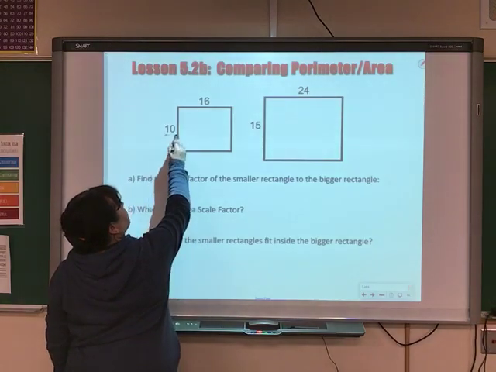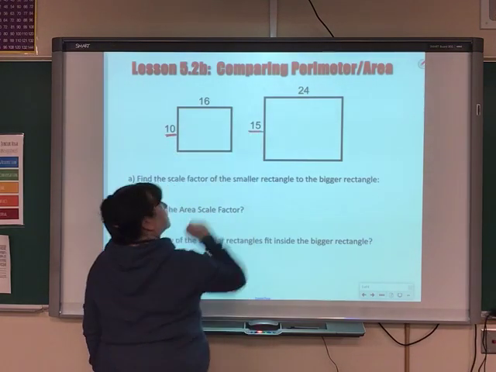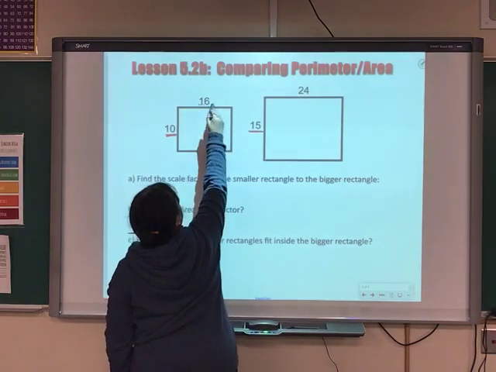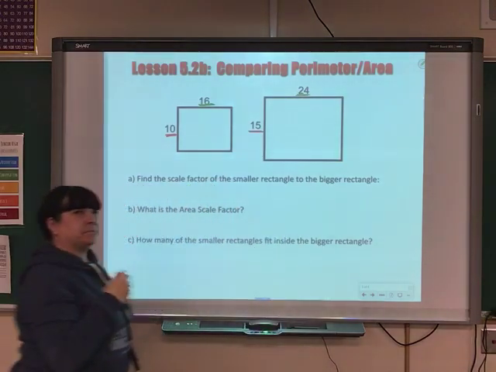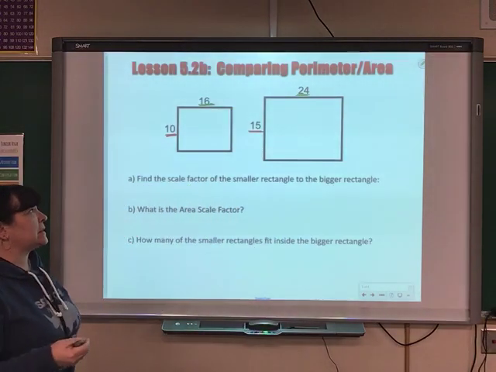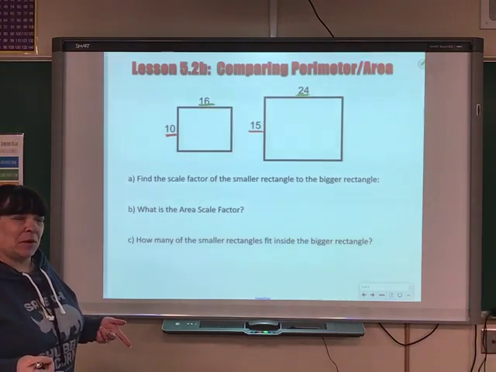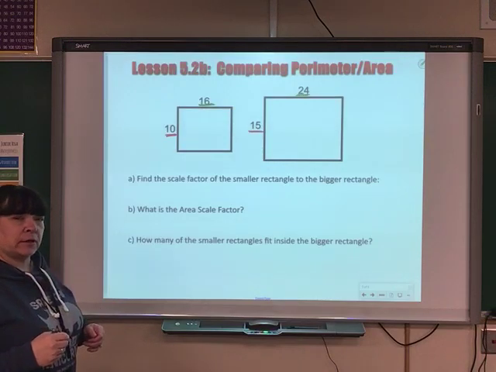I'm looking at things that are alike. 10 going to 15 and 16 going to 24. What happens? How does it change? Remember our how do things change? So that's really what we're looking at.